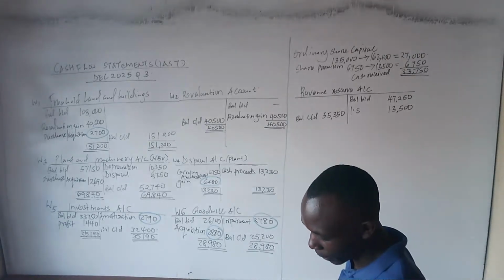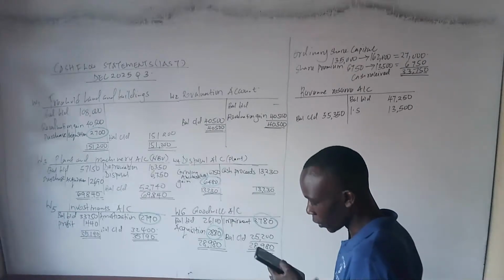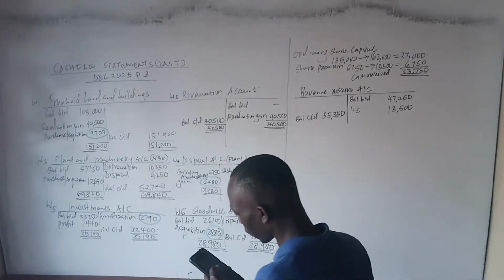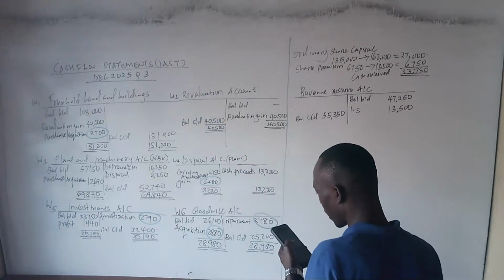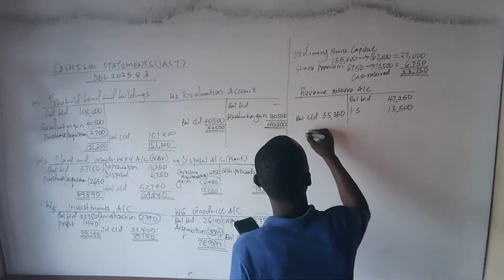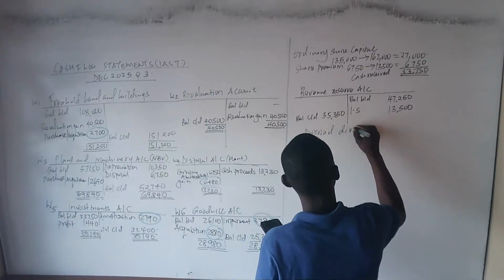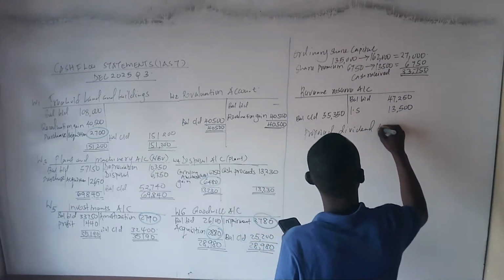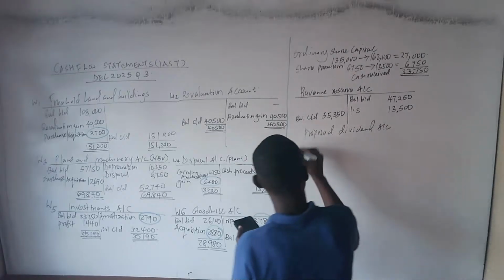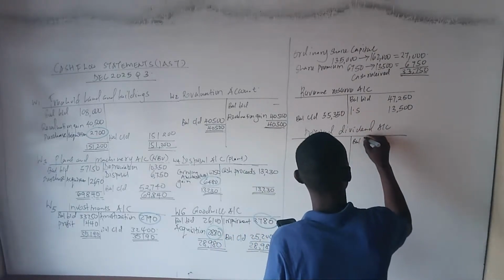So for that case, we are going to open an account for the proposed dividend. Under the proposed dividend account, let us see the balance that we have.